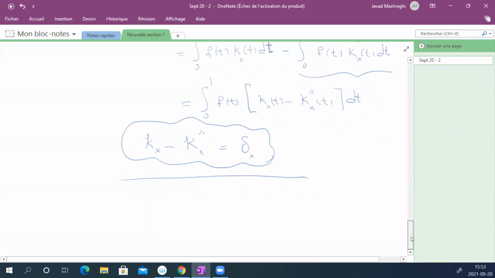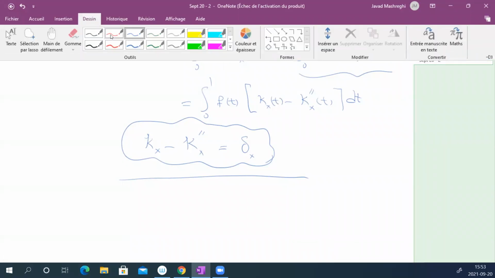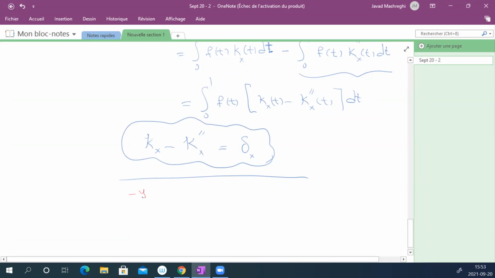And let's see how we did it in the previous case. Temporarily, when we had minus y double prime is equal to delta x, we adopt the point of view of engineers, saying that delta x is equal to 0 before x and 0 after x.